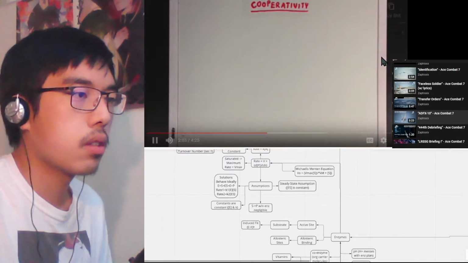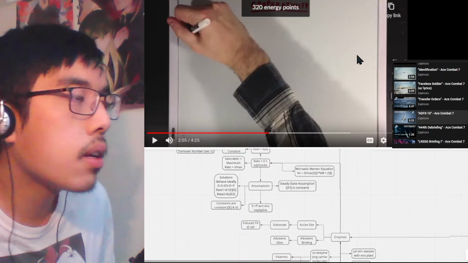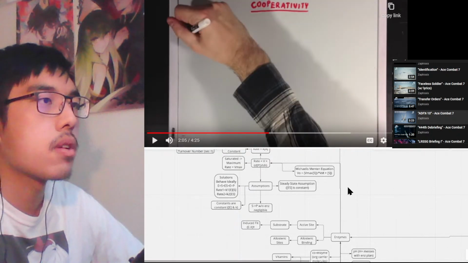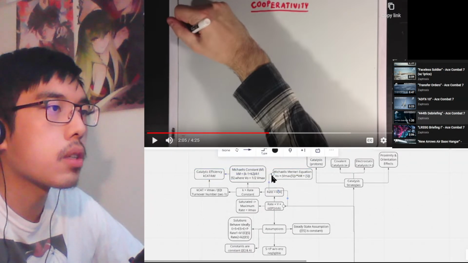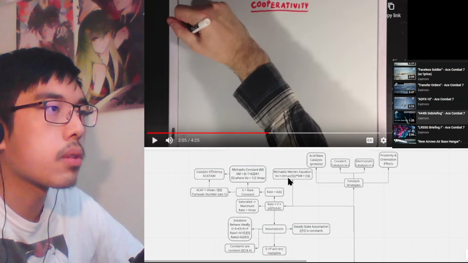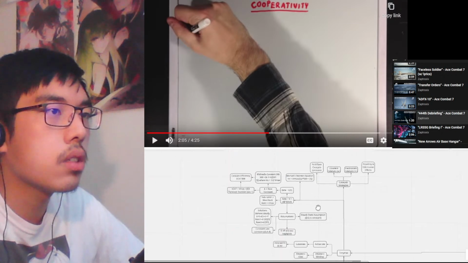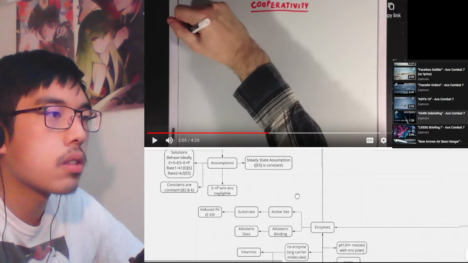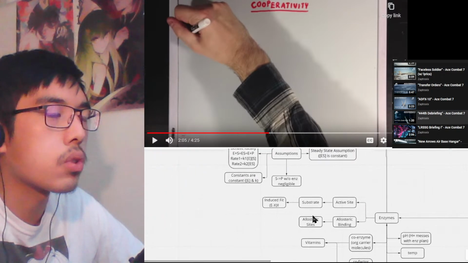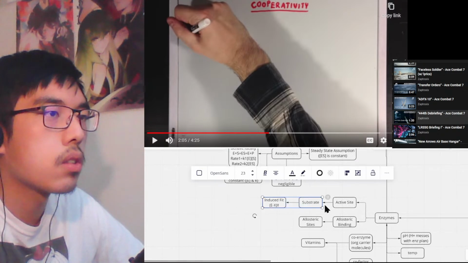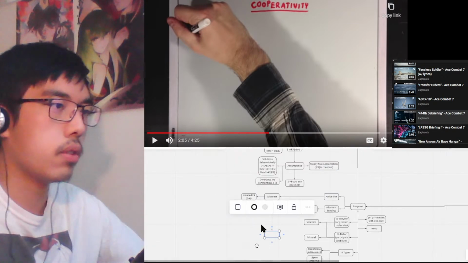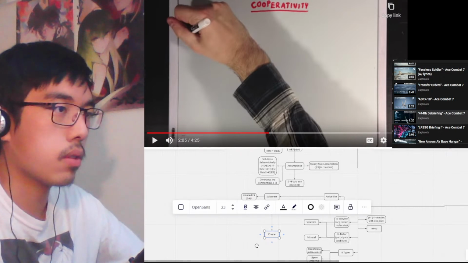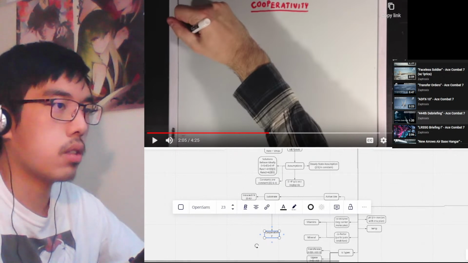Now, with respect to cooperativity, we can find 3 new ideas. Where are we gonna go with this? Okay, first of all, I want Michaelis-Menten to be up here, along with what is related to it, so that's good. Let's go find substrate. There it is. Bring out substrate. Point it to cooperativity. Excellent.